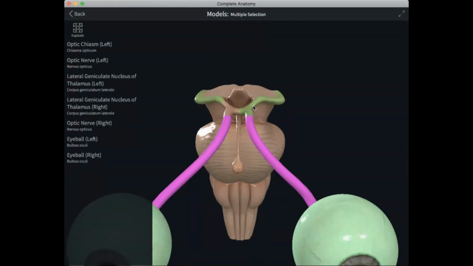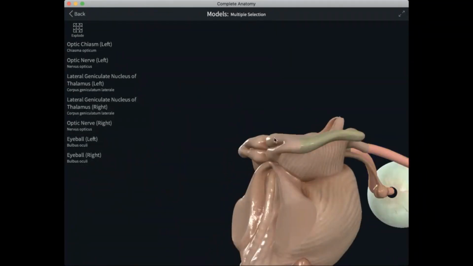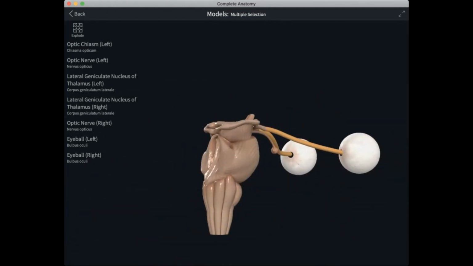From this place, it is going to the posterior aspect of the brainstem, which has a bulge called the superior colliculi. So the optic tract fibers come to the superior colliculi, and from this place, the neurons are connected to the occipital lobe.